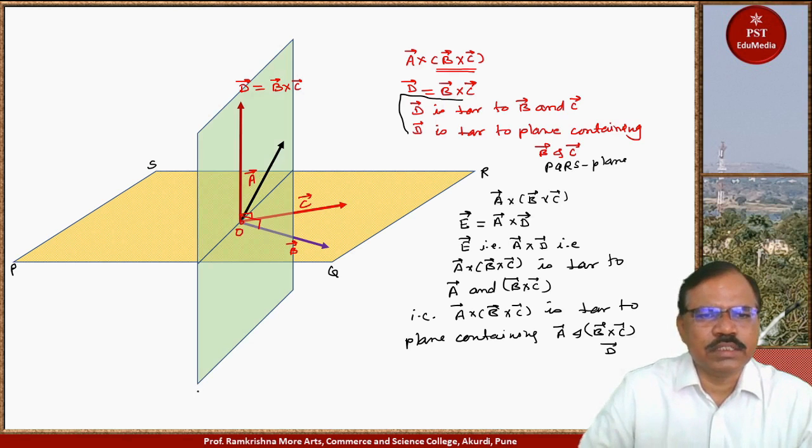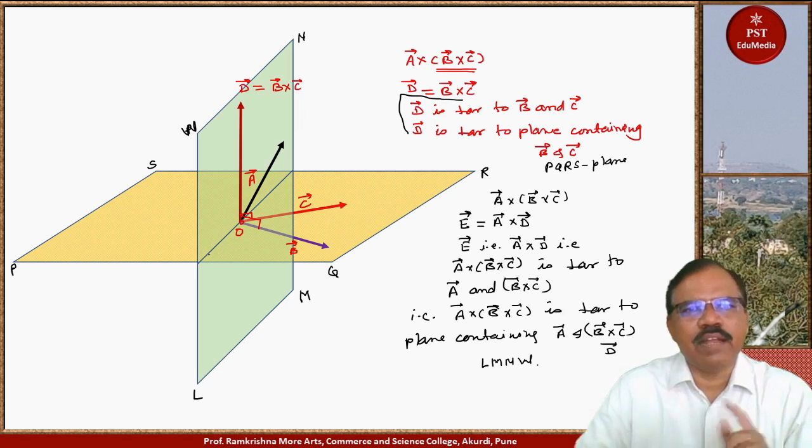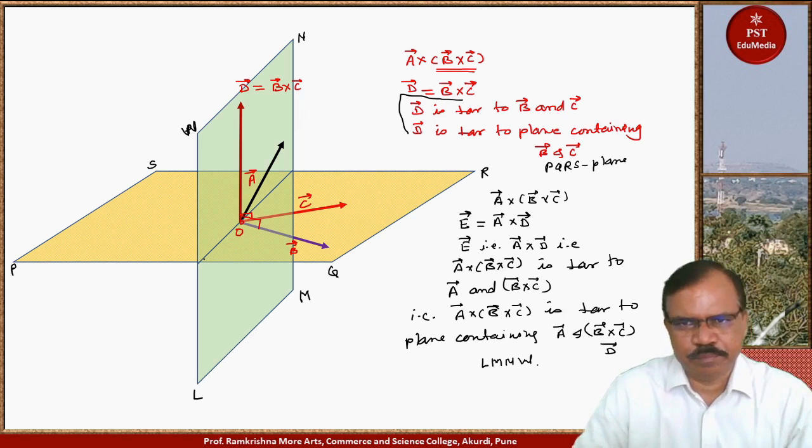Suppose this plane is LMNW. Vector D, that is B cross C, and vector A lie in this plane.